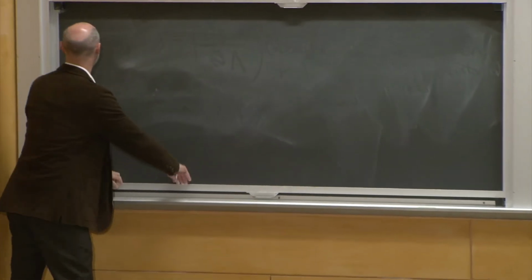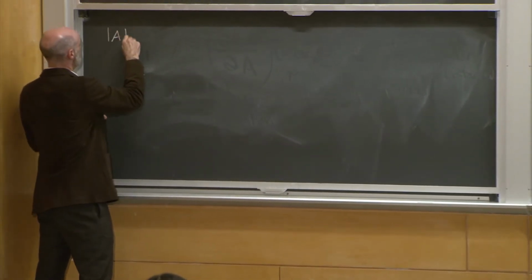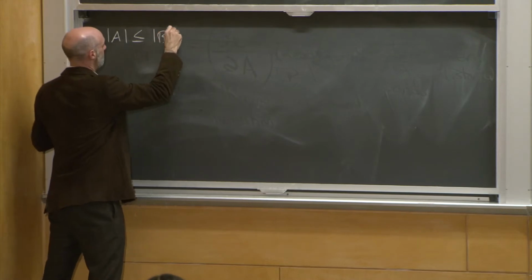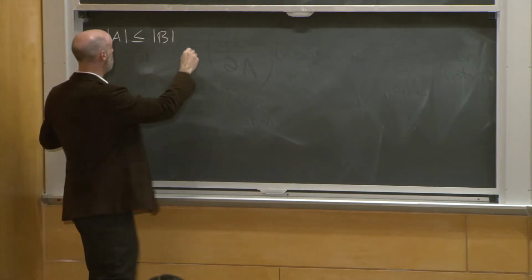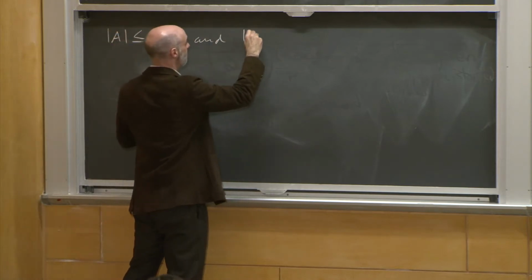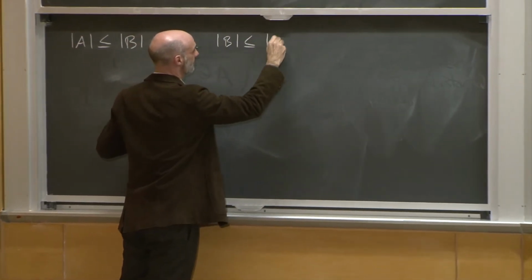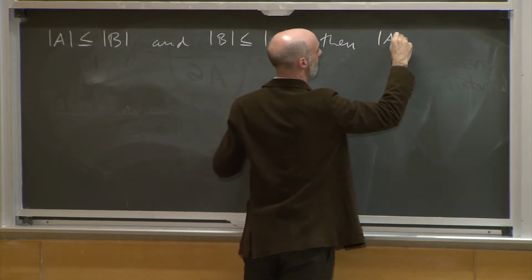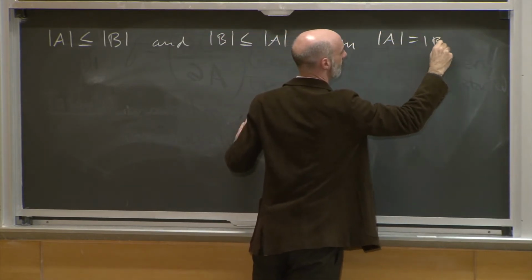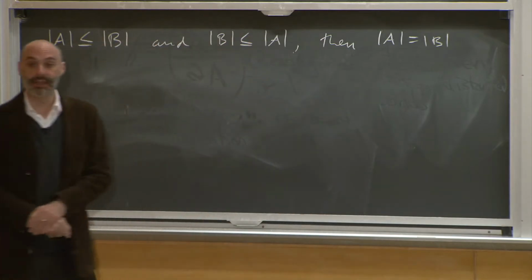There's a theorem which is important, but I'm not going to prove. It shows that if the cardinality of A is less than or equal to the cardinality of B, and vice versa, then A and B have the same cardinality.